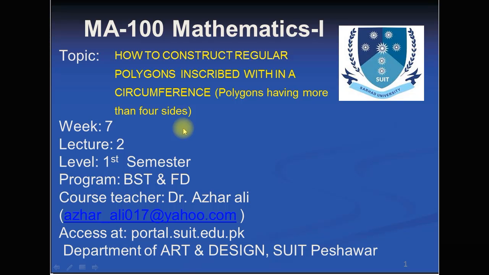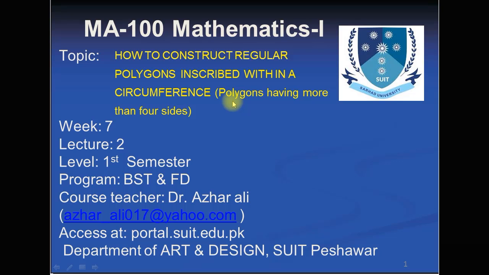Dear students, this video lecture is the continuation of my previous video lecture. In the first video lecture of 7th week, we have already discussed the construction of regular polygons inscribed within a circumference. But in that video lecture, we discussed two types of polygons, triangle and square.